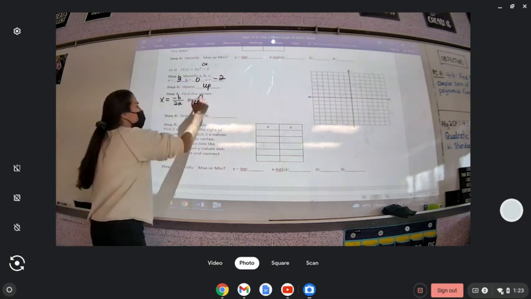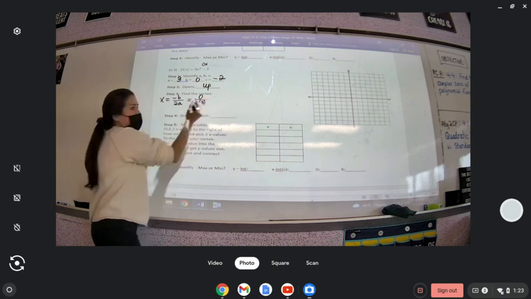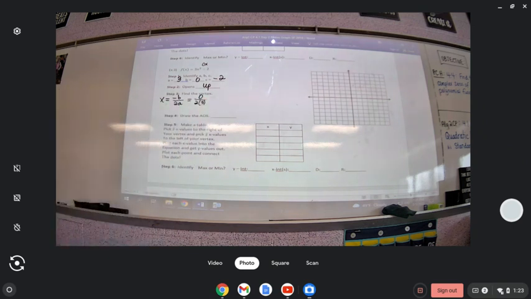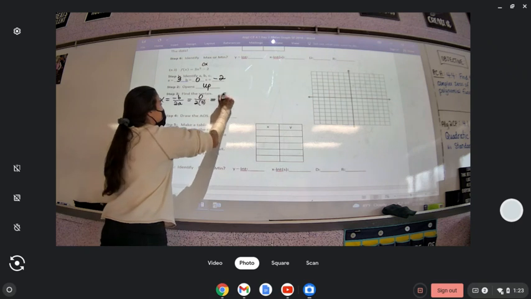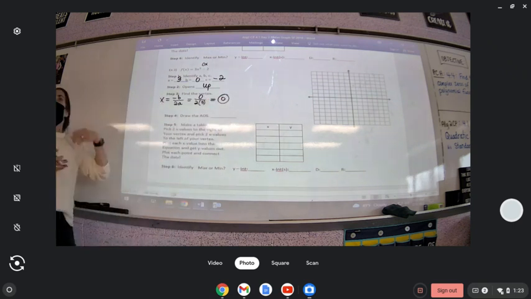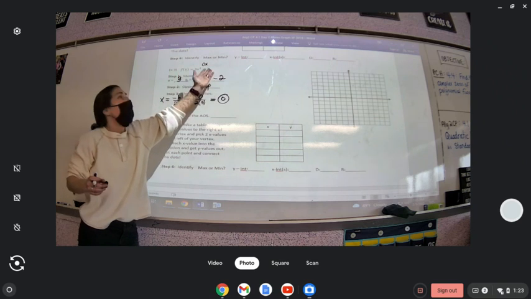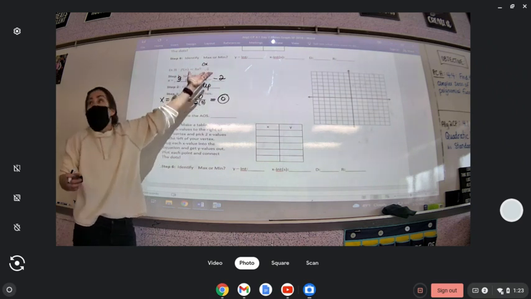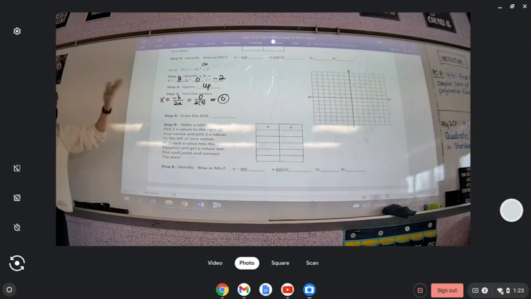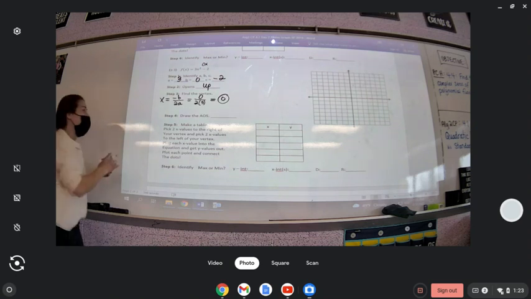Over 2 times a is? 6. Well, 3, it'll become 6, but who cares? Because, guys, what's 0 divided by any number? It's 0. So when b is 0, your x-coordinate is going to end up being 0. So it's easy. And then if you got to plug 0 in, guys, who do we always get out when we plug 0 in? Not 0. C. And who's C in this problem? -2.